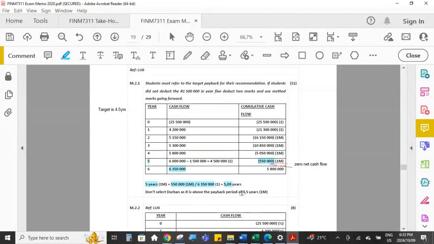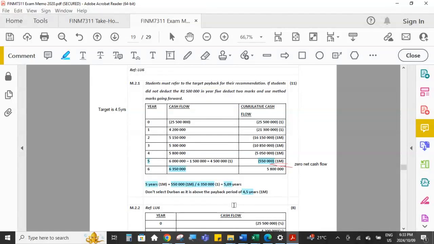Remember, they told us that the target is 4.5 years, which means that we will accept all projects that reach payback point within 4.5 years. In other words, before 4.5 years or up to 4.5 years. But if the project takes longer than 4.5 years to reach payback point, we are going to reject it, because according to our target, that is too long.